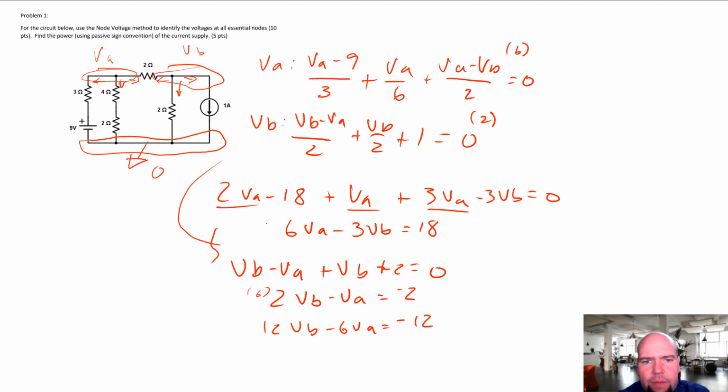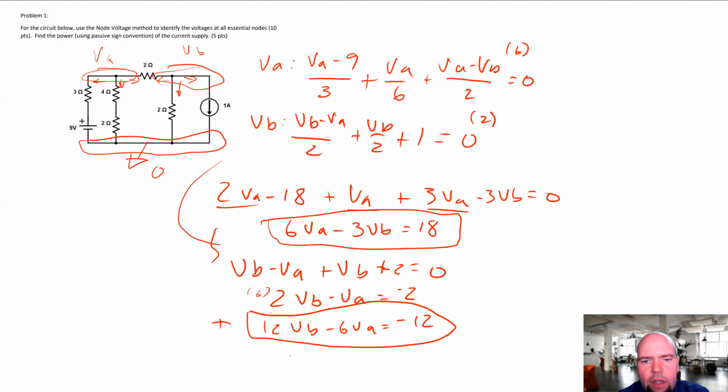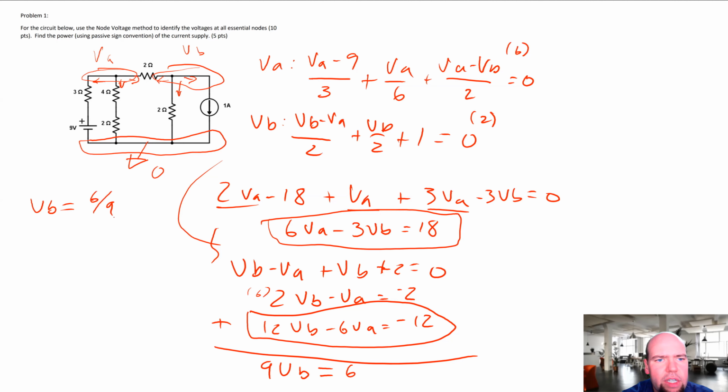And then adding this equation and this equation together, that gives us 9 VB equals 6. So VB equals 6/9.